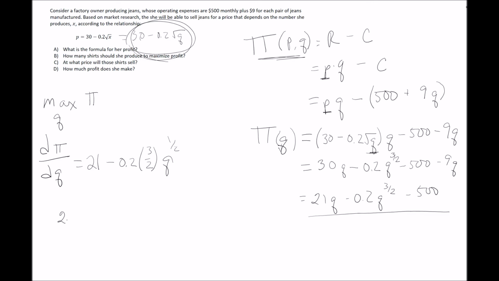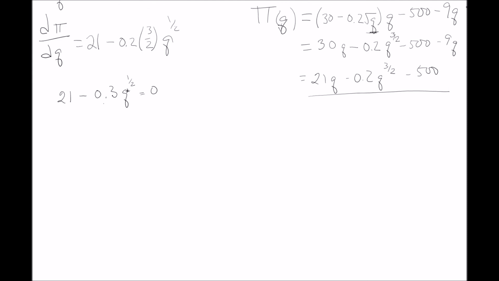So I have 21, I'm going to multiply these out. 0.2 times 3/2 is 0.3, so the coefficient is 0.3, q to the 1/2, and I'll just put a little asterisk there to remind myself that this is just the optimal value of q, not a general solution for q. I'm going to move the q term to the right-hand side and then flip the order of the terms so that I have 0.3 times the square root of our optimal q is equal to 21.